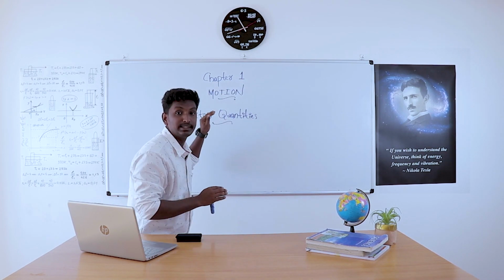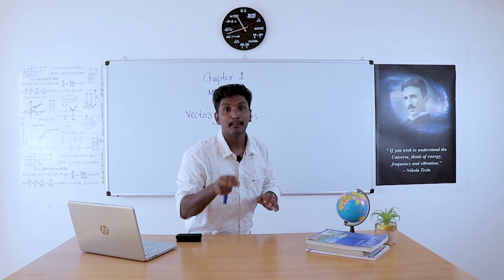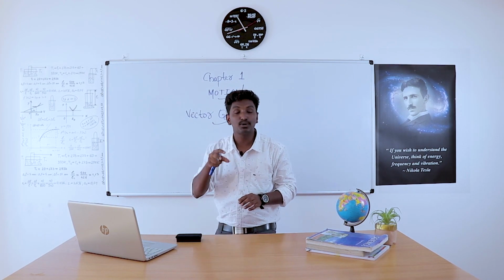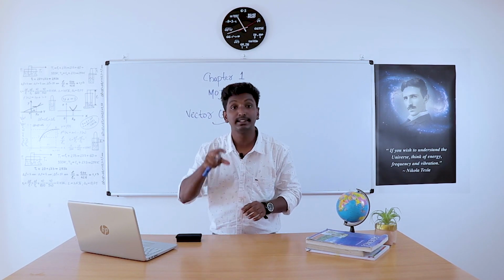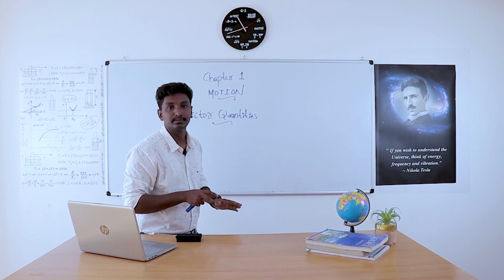But in vector quantity, this quantity can have magnitude as well as direction. Those quantities having both magnitude and direction are called vector quantities.